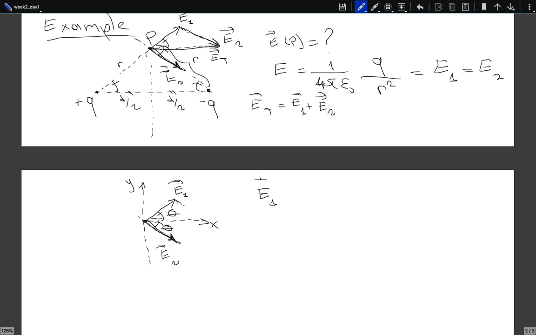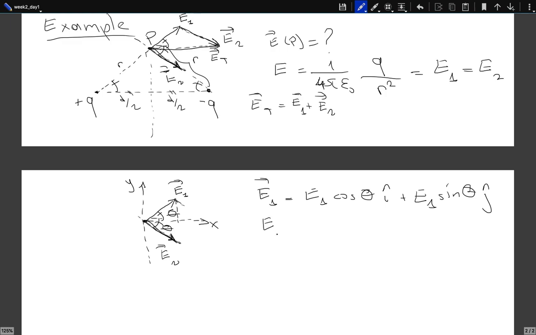E1, I can just write as the magnitude of E1 times cosine theta in the i direction, plus E1 times sine theta in the j direction. If you just imagine this right triangle, this length is just E1 times cosine of this angle, the horizontal length. The vertical length is E1 times the sine of that angle. So this is my vector.